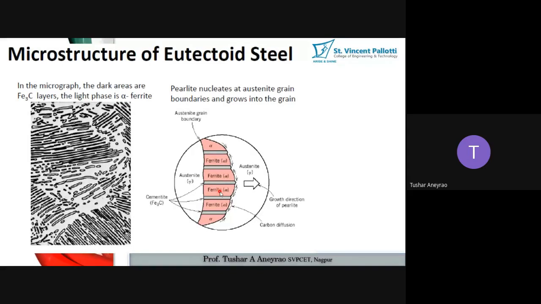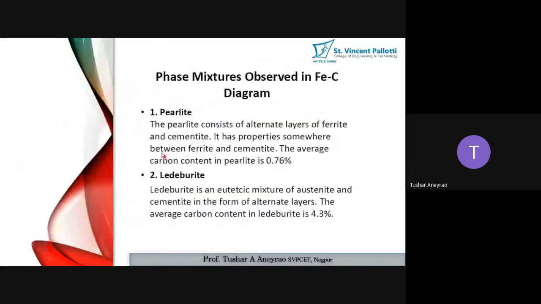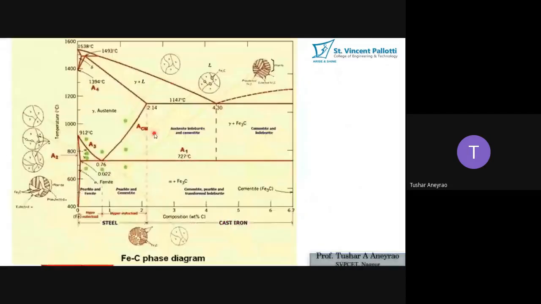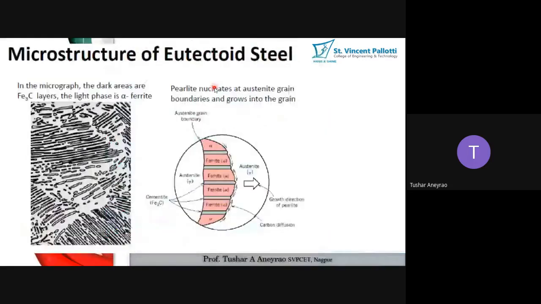In case of this diagram also, here also you can see that Fe3C is nucleated where? At the grain boundaries of the austenitic crystals, right? So the same thing is happening here also.